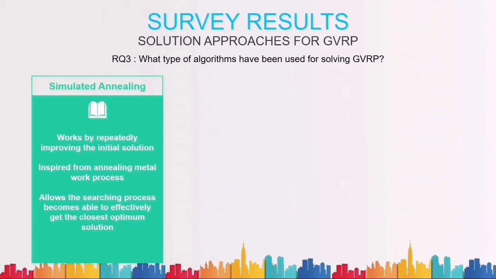It sets a high initial temperature and lets it slowly go down as the algorithm runs until the suitable temperature, which means the ending of the search. This incremental cooling process allows the searching process to effectively get the closest optimum solution.